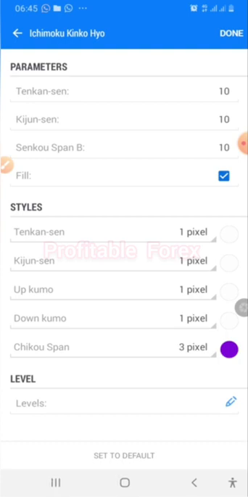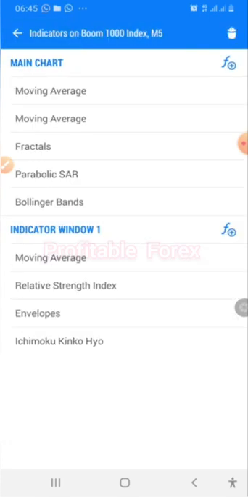Mine is white, so I used white. The last one, which is the Chikou Span, is 3 pixel and the color is purple. Add an obvious color to that one so you can identify it in your indicator window, and click on done. So those are the setups for the indicators.